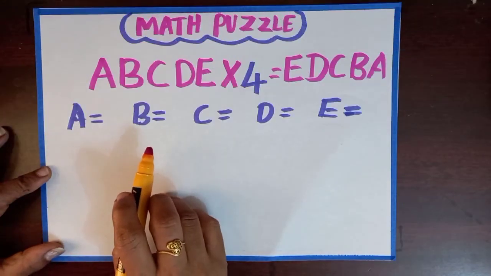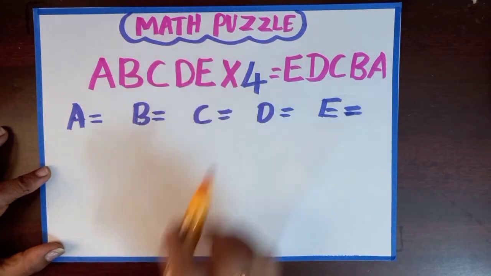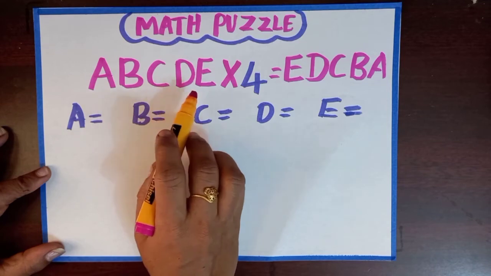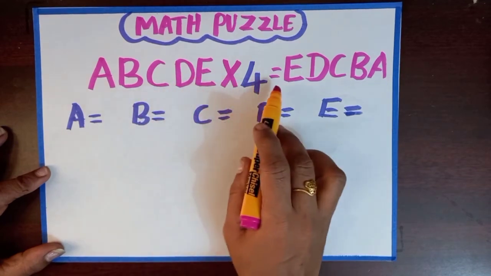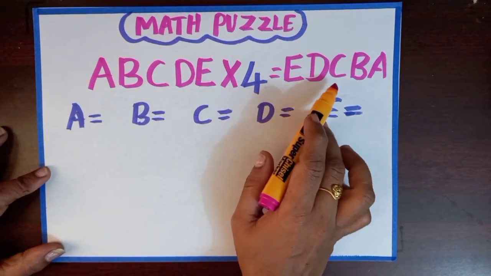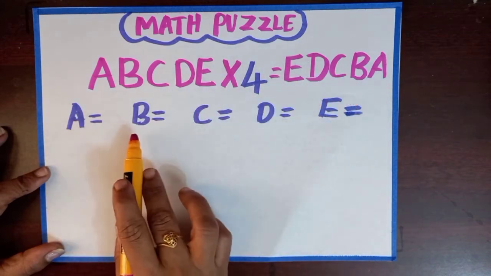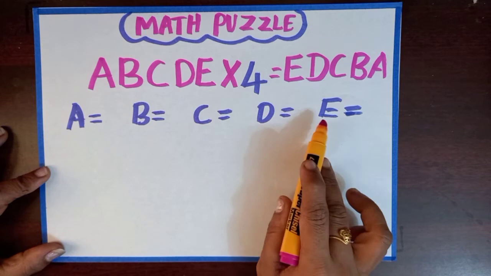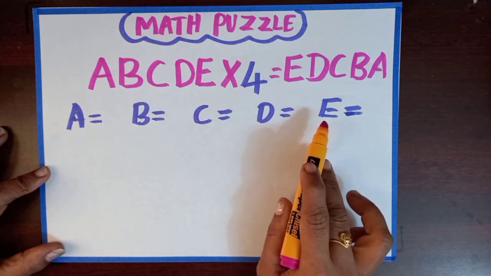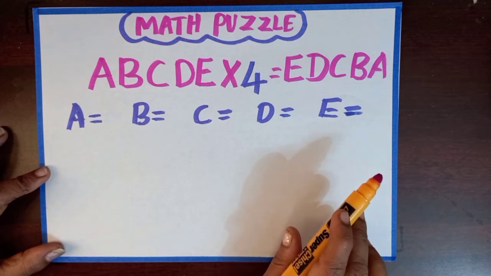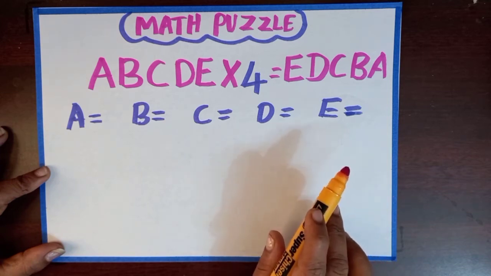Let us boost our brain power with a math puzzle. A, B, C, D, E into 4 is equal to E, D, C, B, A. If A, B, C, D and E represent different numbers and none of them is 0, then what numbers are they?